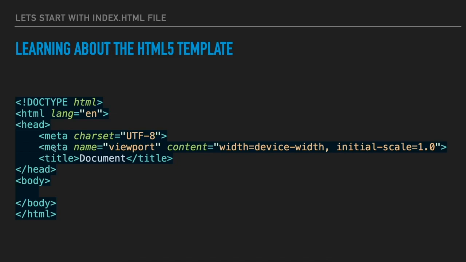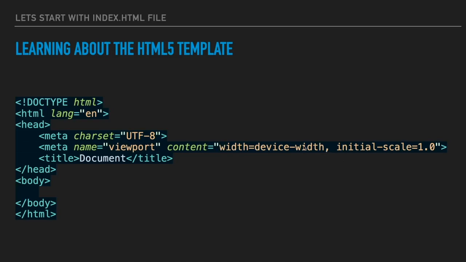Now in this other meta tag, we have what we would call a viewport meta tag, and right here we have an attribute name, and it's equal to viewport. And this is because we want to tell the browser that when we are resizing the browser at any point, we want to keep the width to the device width, right?